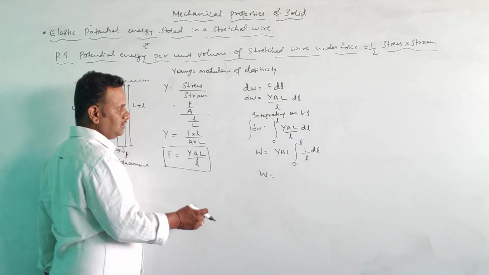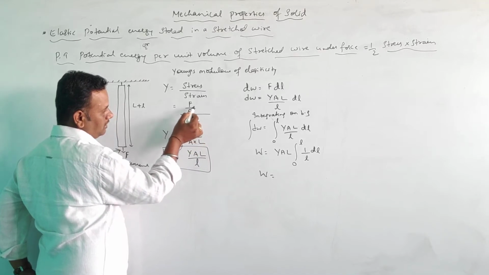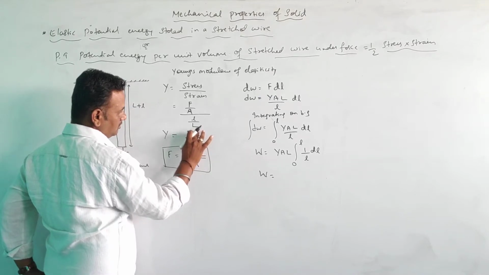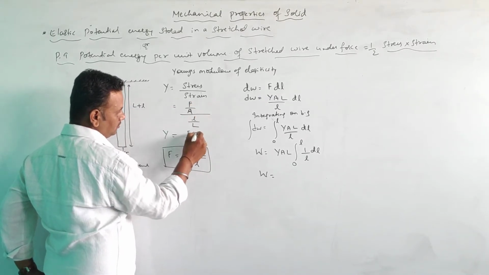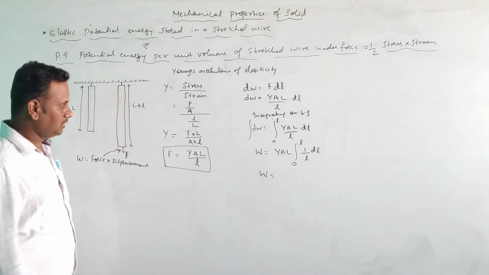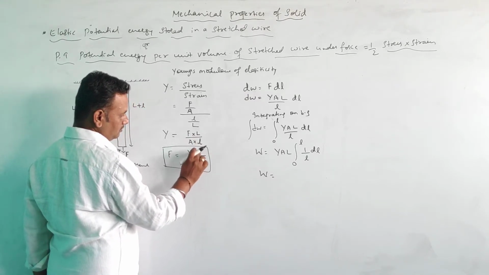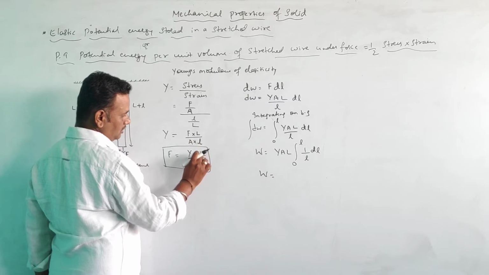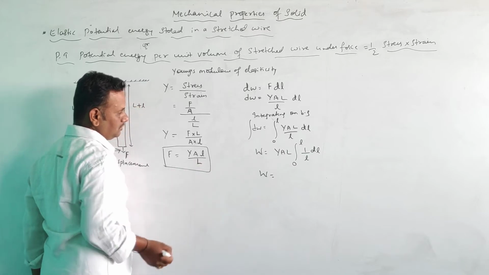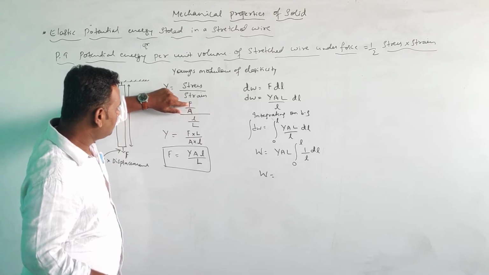So dear students, there is a small correction here. L goes to the numerator here. That means I can write this as F into L divided by small l. So here I am writing F equal to Y A into L divided by L. I have made a small mistake here, sorry for that.